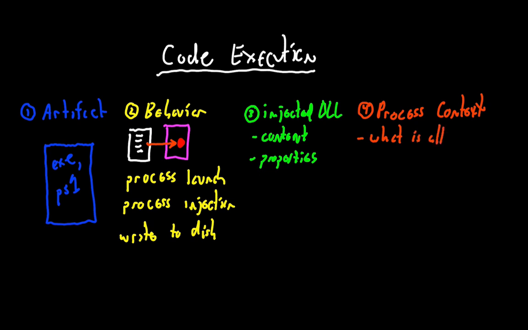For example, if you live in a process context that normally makes connections out to the internet, you might get a free pass beaconing out over HTTP from that process context. Your process context also determines detection threshold.